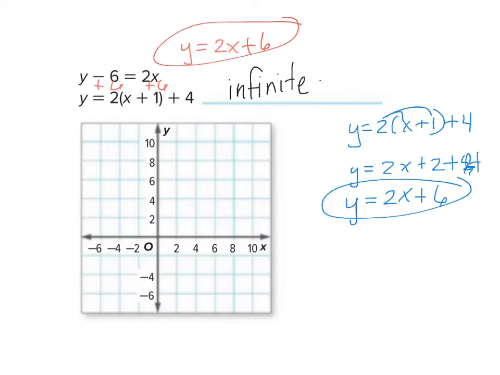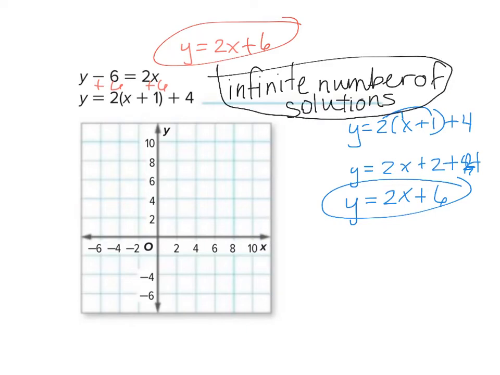There, so now I'm going to graph my line. So I'm going to draw my y-intercept at 6, and then go up 2 over 1, up 2 over 1, up 2 over 1, and then I can mirror it on the other side.